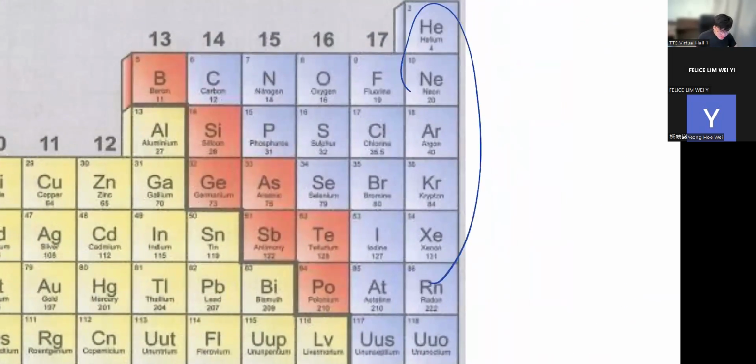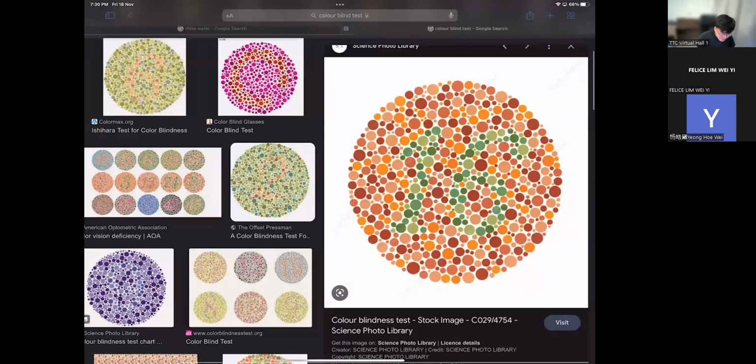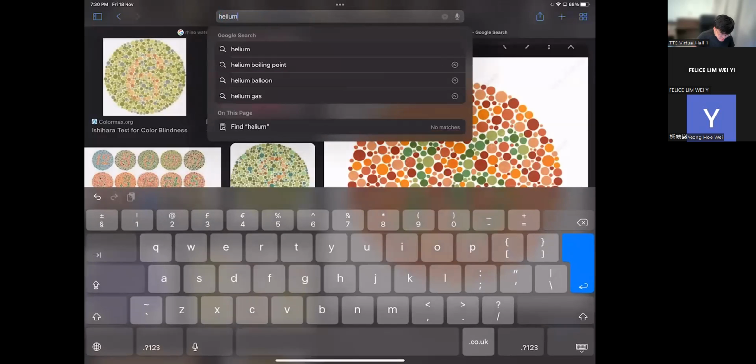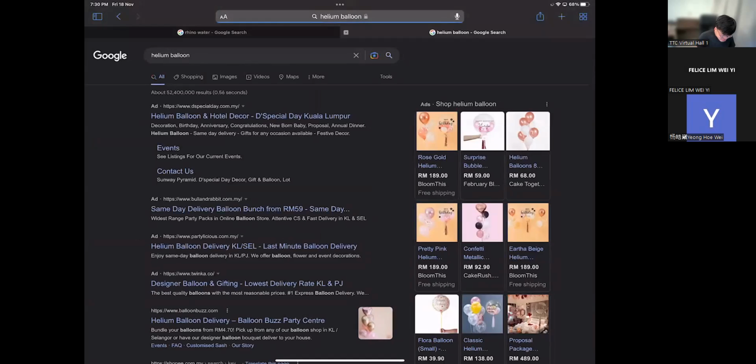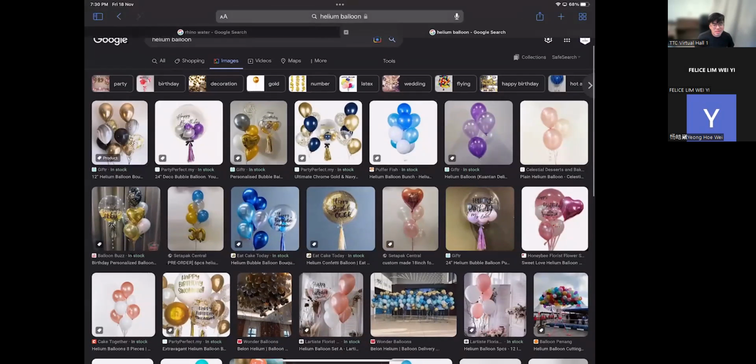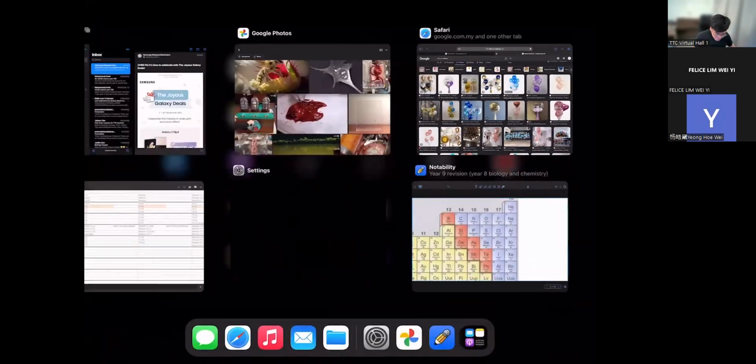You know helium, the thing that makes your floaty balloon. Next time when you birthday, your helium balloon. This thing will float one. That's your helium.